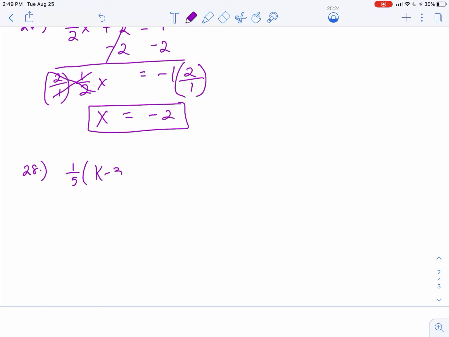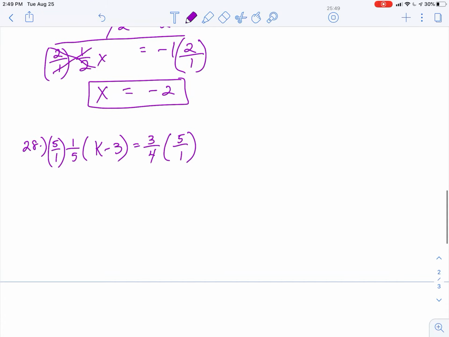So this problem is 1/5 times k minus 3 equals 3/4. Okay. So the first thing we want to do is multiply by 5/1, because that's going to help us get rid of actually both of our fractions, which will be very nice. The other method would be to multiply by the LCD, but I think I'm going to carry you through this way.